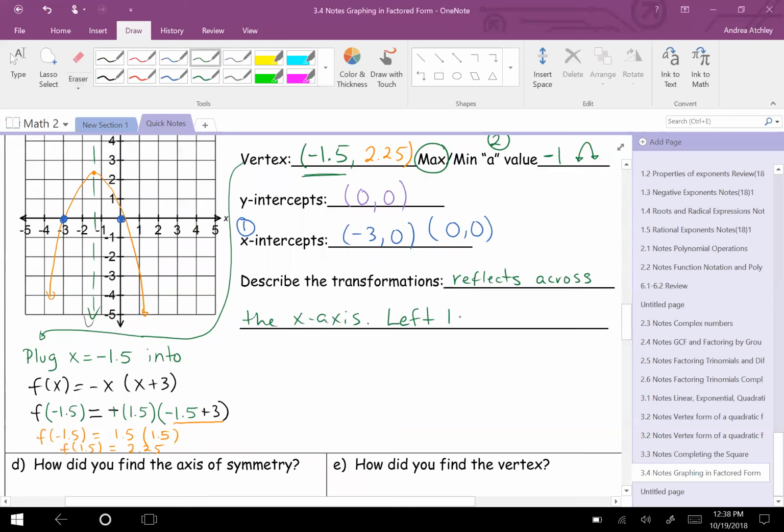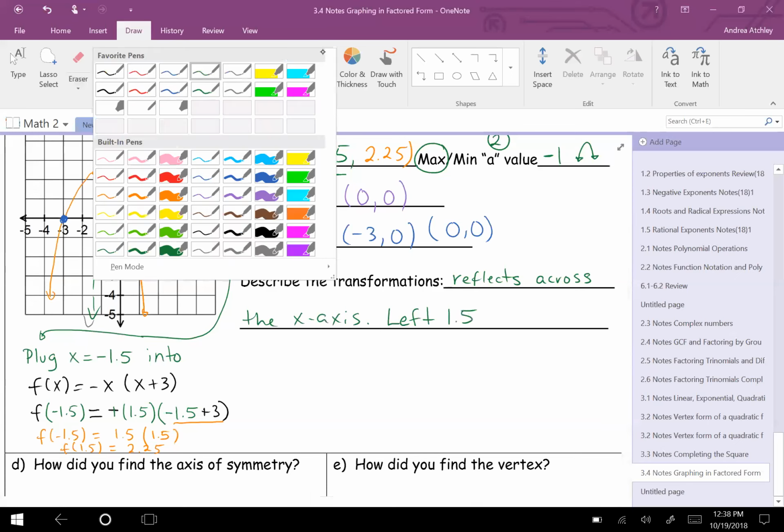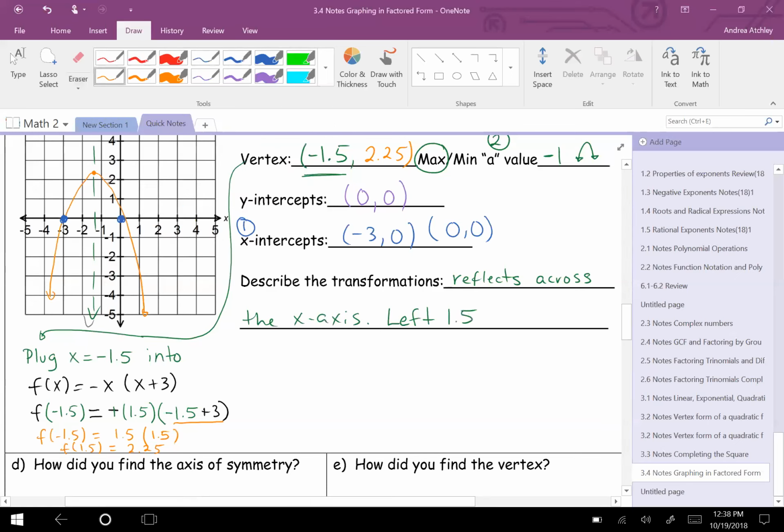Left 1.5. And then the y value is positive 2.25. So it goes up 2.25. Any questions over that? So again, for the transformations, use the vertex that we found.